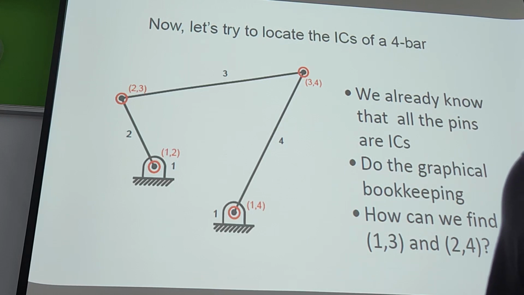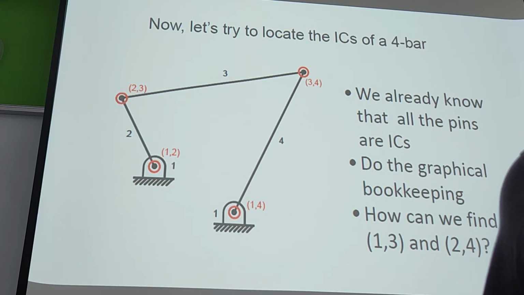This is IC 1-2. This is 2-3, connecting link 2 and link 3. This is 3-4. This is 1-4. So we know 4 ICs, and this is a 4-bar mechanism. Maximum there will be 6 ICs, right? 4 into 3 over 2. So 6 ICs we need to find.